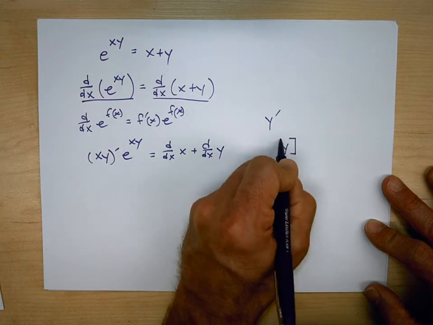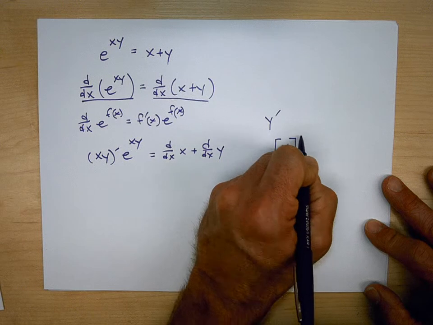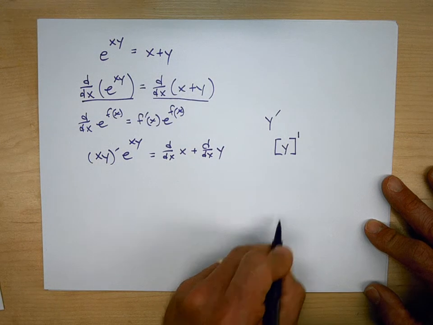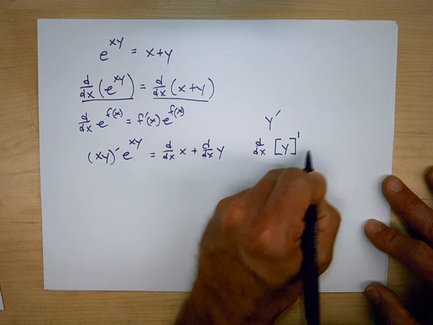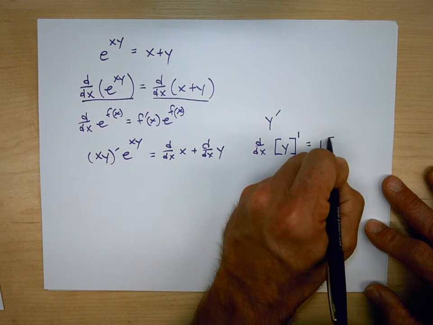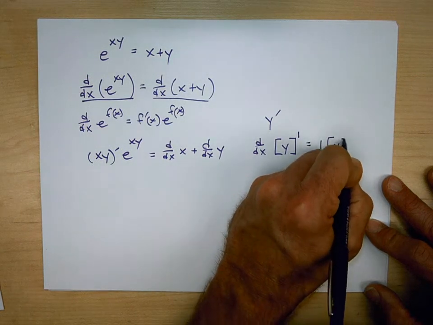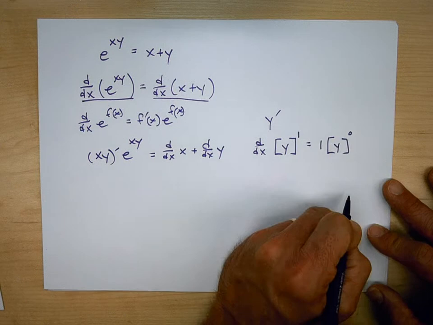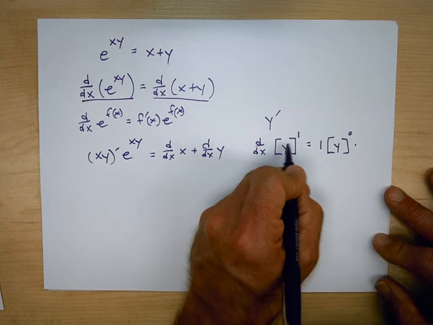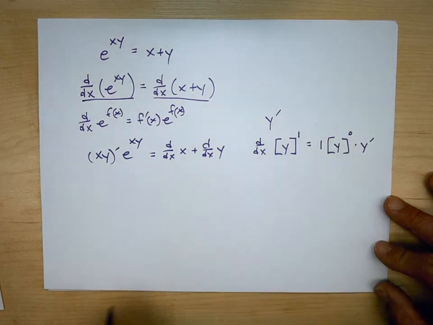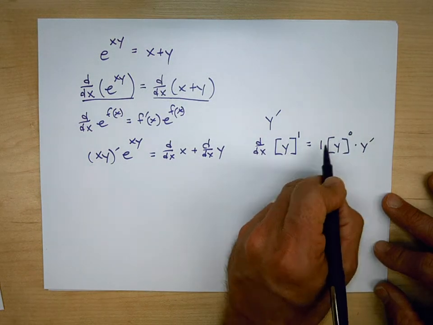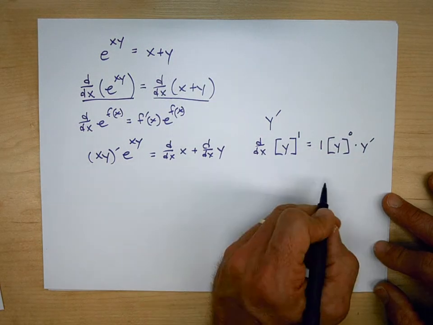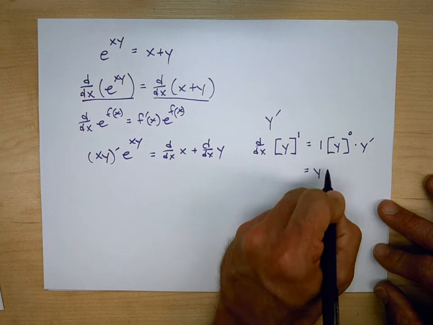We can think of this as y to the first power, so if I use the generalized power rule, I bring the 1 down out front, still have y to the 0 power times the derivative of the inside function, which is y prime. But anything to the 0 power is 1, and 1 times 1 is 1. So this is just going to be y prime.